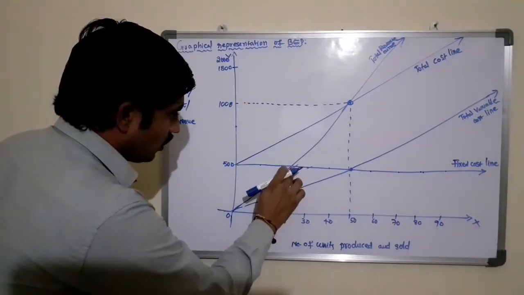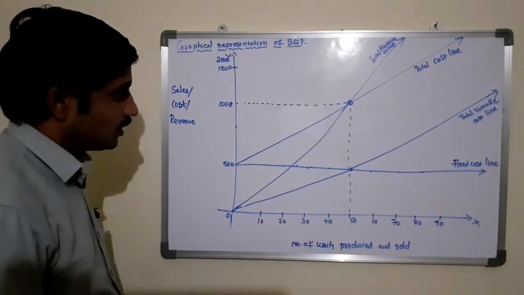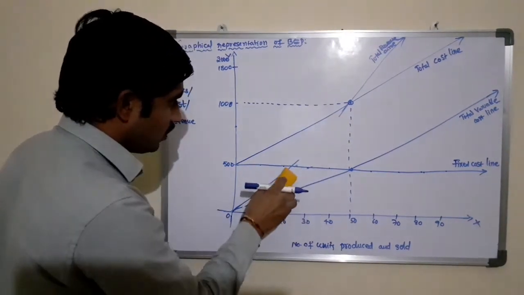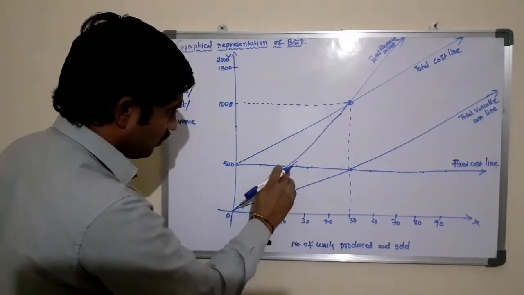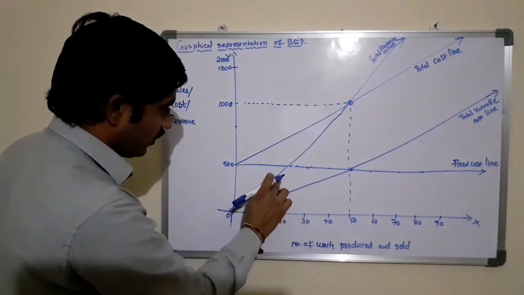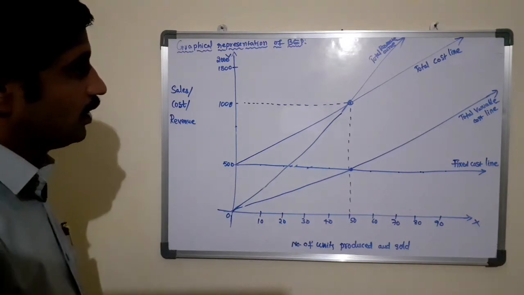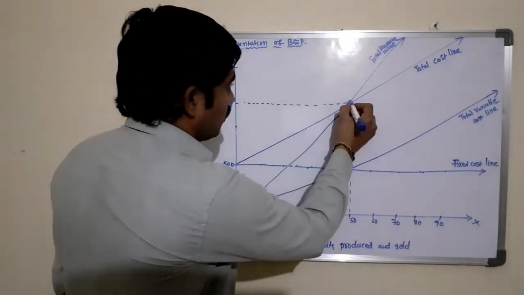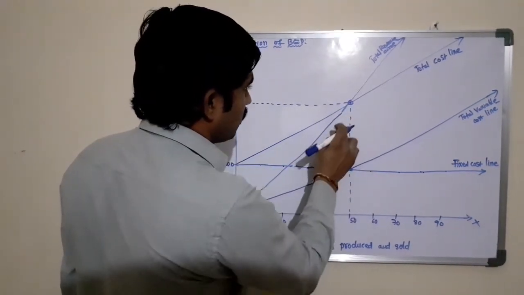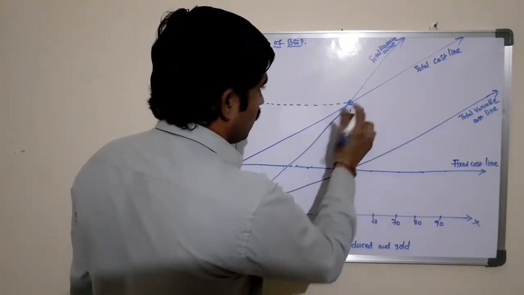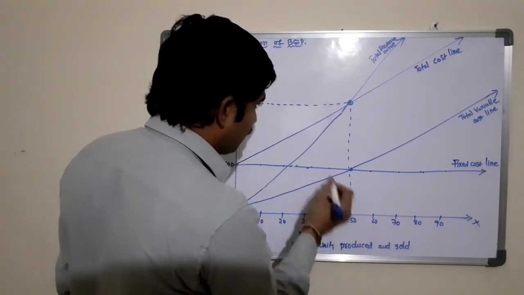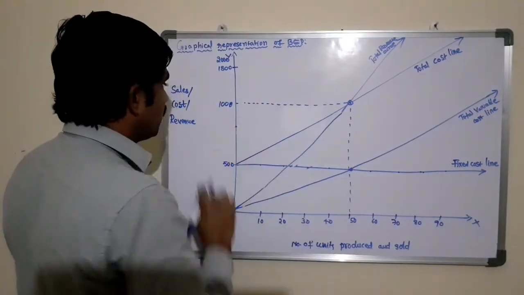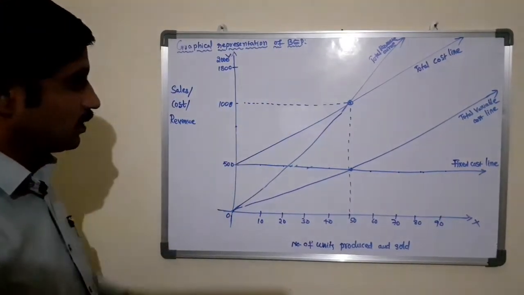Here the total revenue curve must intersect the total cost curve from below in order to attain the break-even point, right? So the total revenue curve is intersecting the total cost line at this point, where the business is producing 50 units and generating 1000 rupees.